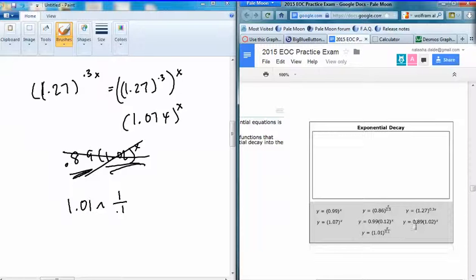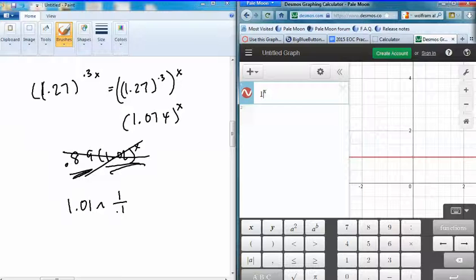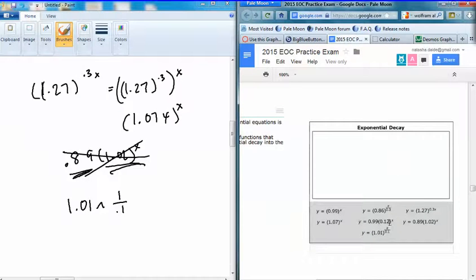Why is that? Oh, of course. Because 0.12 is way smaller than 1. Duh. So yeah, of course that's exponential decay.